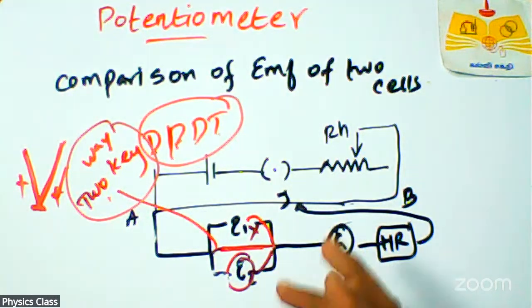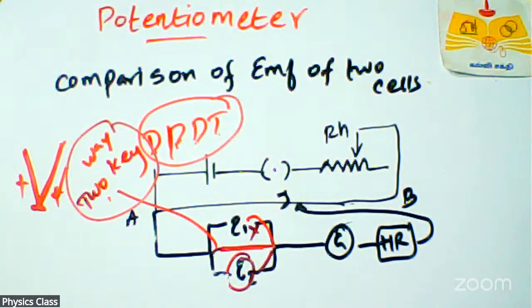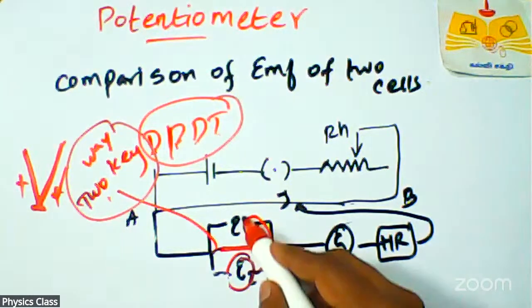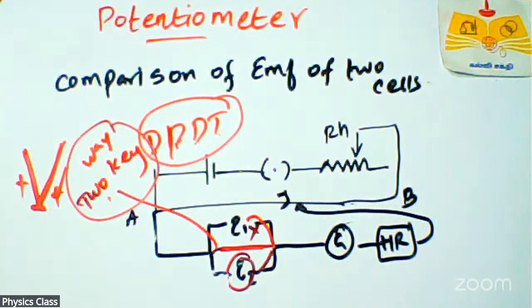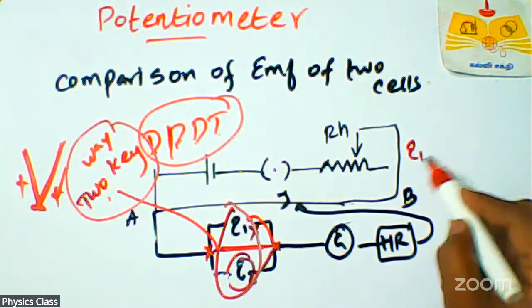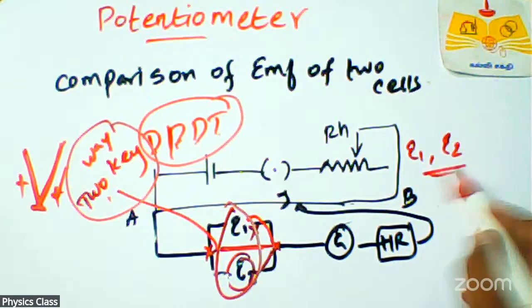The cells whose EMFs E1 and E2 are to be compared are connected to the terminals here.